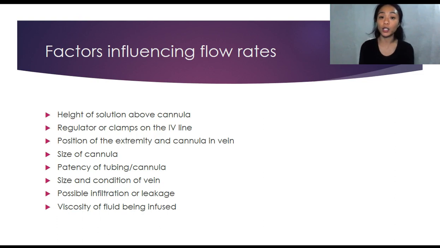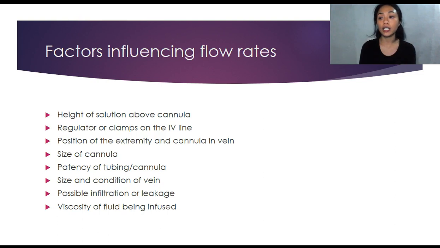Maybe it's sitting in the cubital fossa and the patient keeps bending their arm. The size of the cannula, because it does come in different gauges, can also influence flow rates. How patent your tubing and your cannula is, if there's some kind of kink in the tubing somewhere along the line. What the condition of the vein is like.